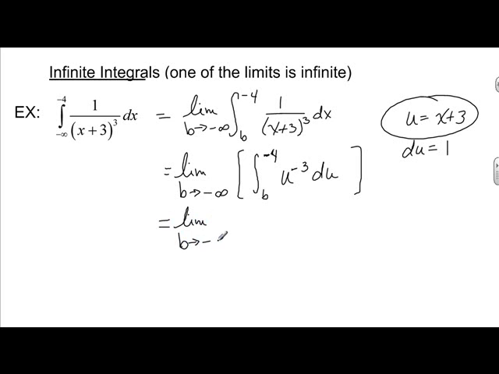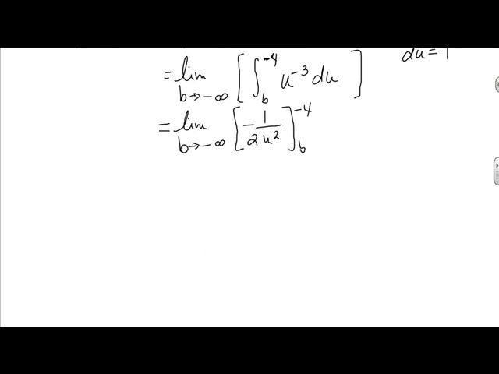The antiderivative would be negative 1 over 2 u cubed, that would be u squared, not u cubed. And notice that I write the limit as b approaches negative infinity on every line.